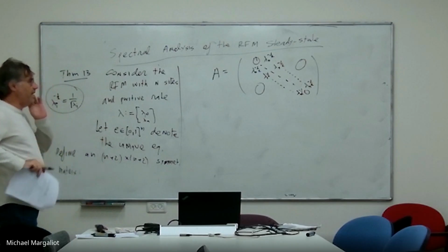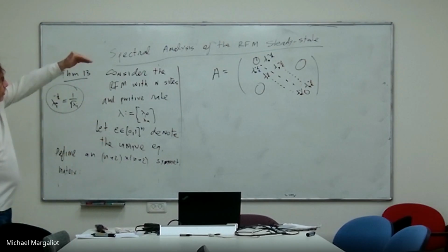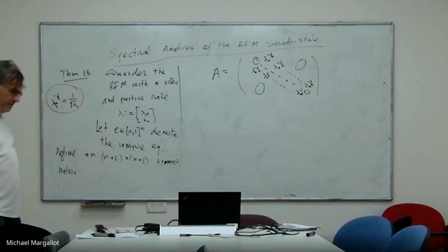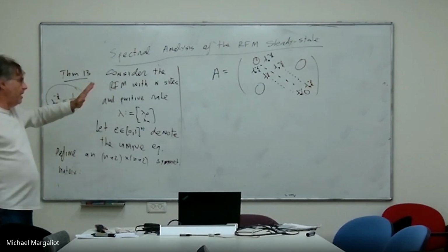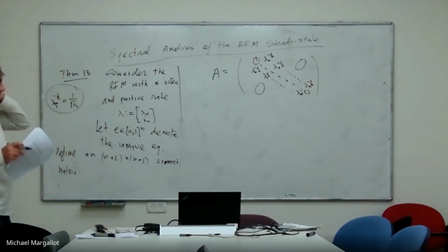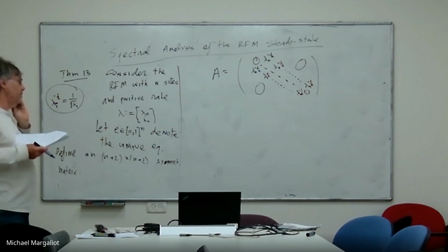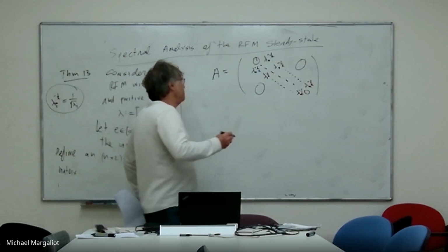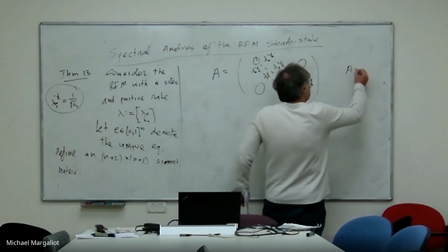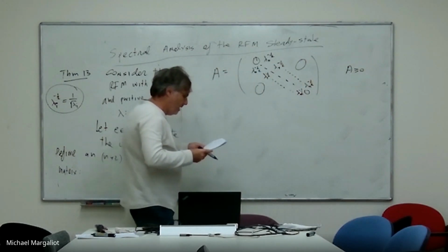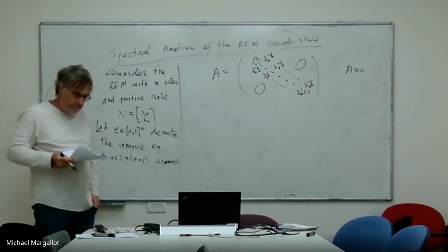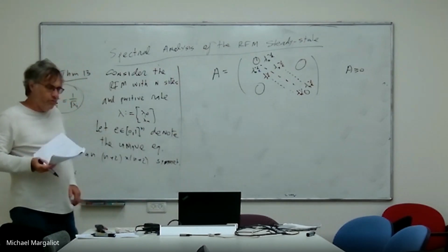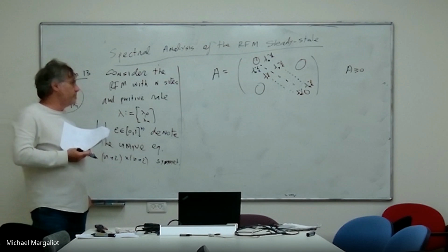So this is a tri-diagonal matrix. Only entries on the main diagonal, super diagonal, and sub-diagonal are non-zero. All the other entries are 0. So this is symmetric, and of course, it is component-wise non-negative. Now, the version of the Perron theorem that I gave you required A to be positive.